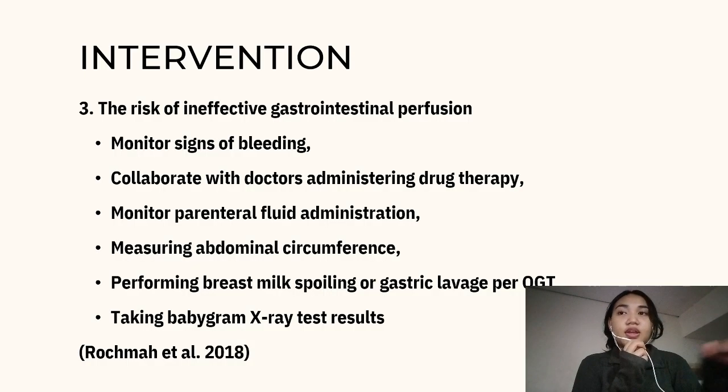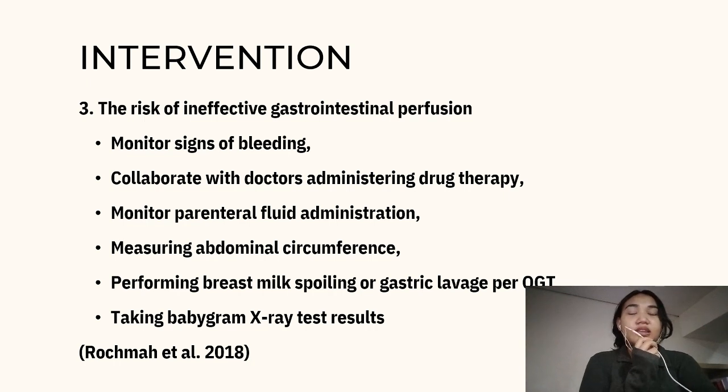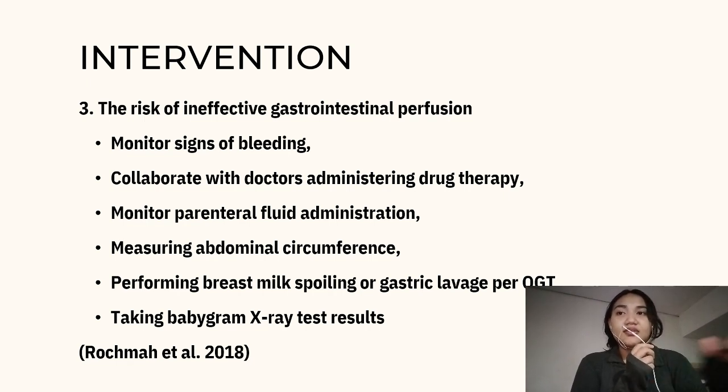And for the last one, risk of ineffective gastrointestinal perfusion, the interventions are monitor signs of bleeding, collaborate with doctors in administering drug therapy, monitor parenteral fluid administration, measure abdominal circumference, and perform breast milk spooling or gastric lavage per OGT, and check the baby gram x-ray test results.